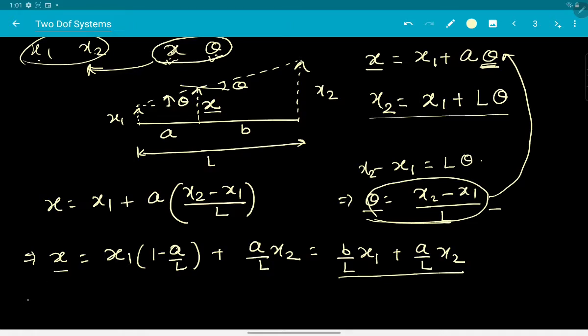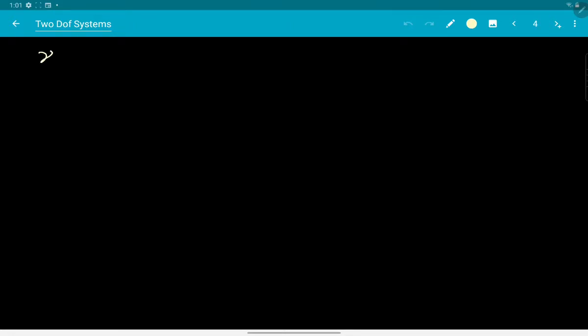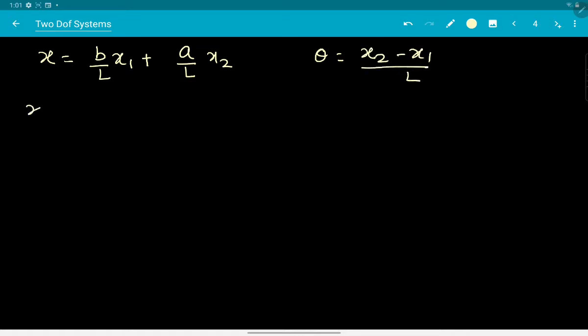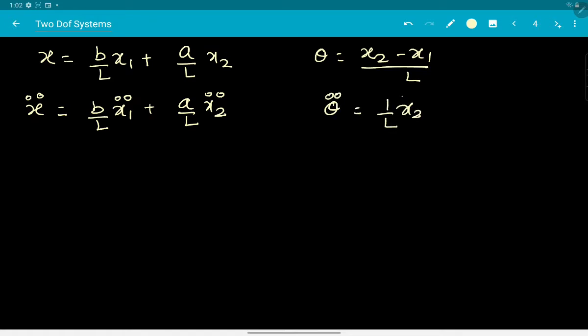So we have x equal to b by L x1 plus a by L x2, and theta equal to (x2 minus x1) by L. Which essentially means that x double dot will be equal to b by L x1 double dot plus a by L x2 double dot, and theta double dot will be equal to 1 over L x2 double dot minus 1 over L x1 double dot. Let me check if it is right. Yes, it is right.